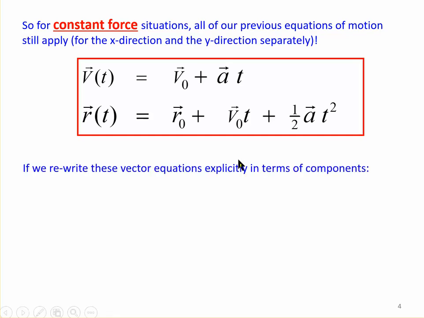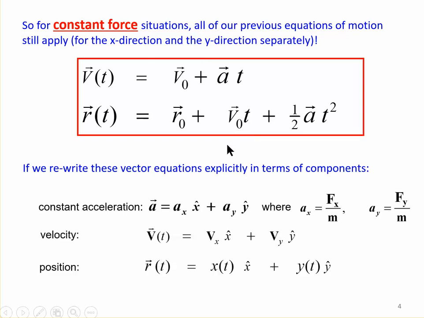So in particular, let's rewrite these equations in terms of their x and y components. When we have the acceleration vector, I'm going to write it as having a horizontal acceleration and a vertical acceleration, where the horizontal acceleration is determined by the horizontal forces and the vertical acceleration is determined by the vertical forces.